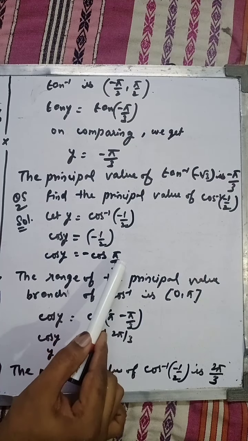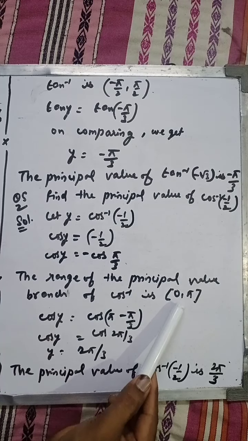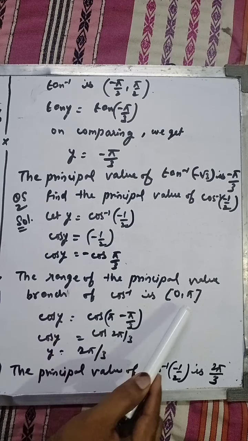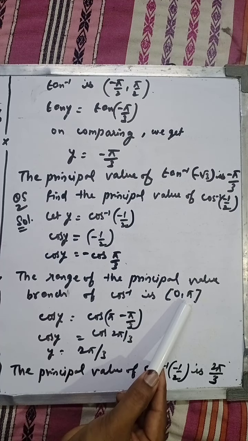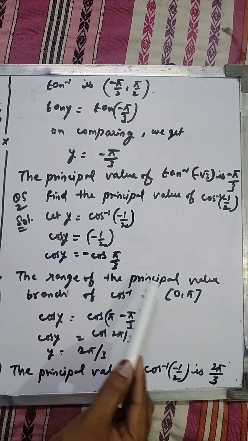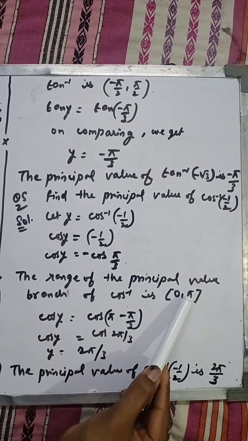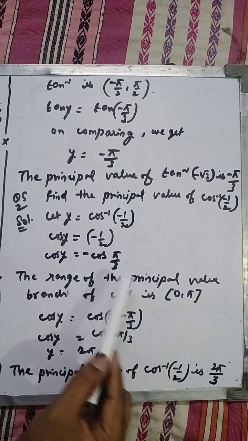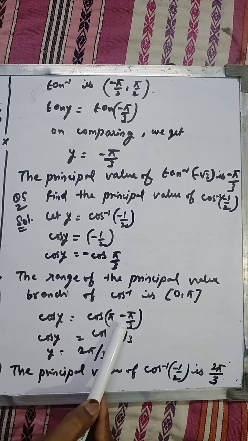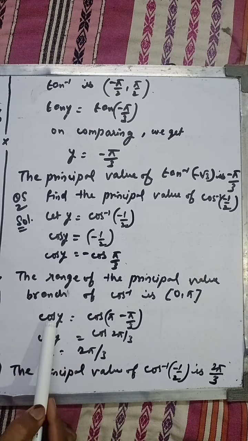So minus 60 is not coming in this range. You have to bring this value in this range. You cannot go beyond pi. So what you will do, you will write pi minus pi by 3. The left hand side will remain the same.